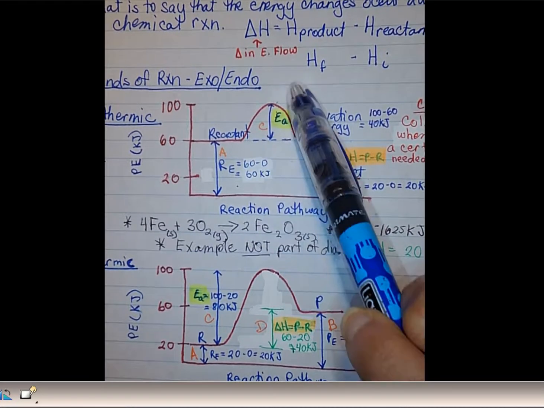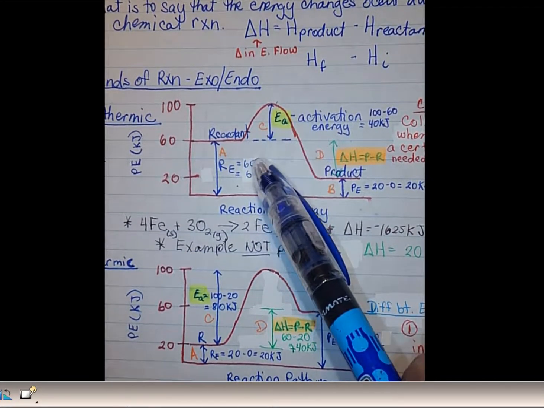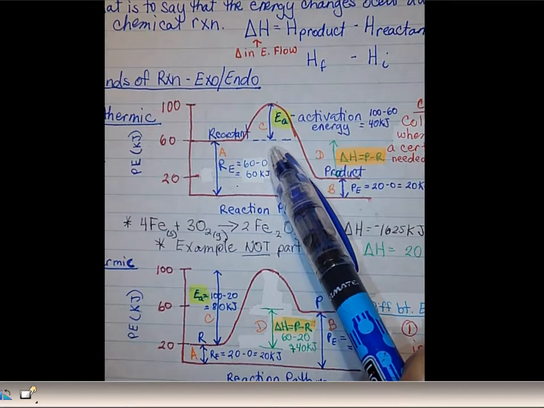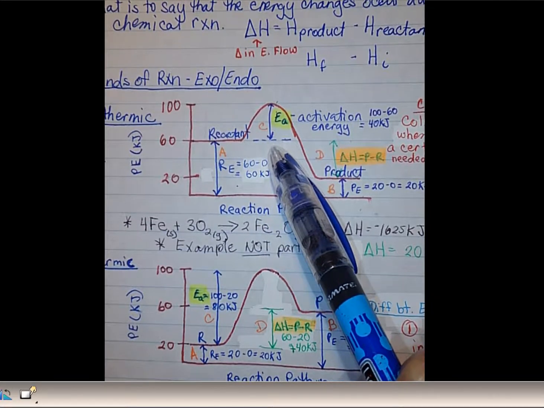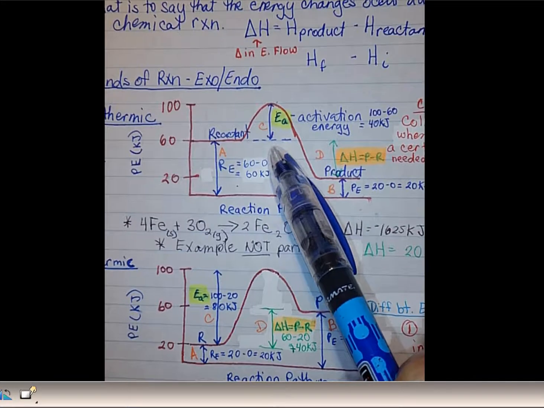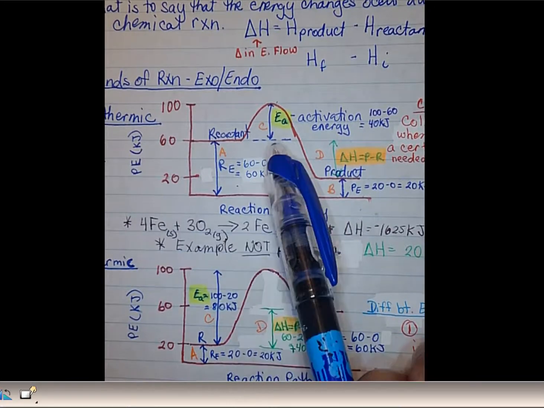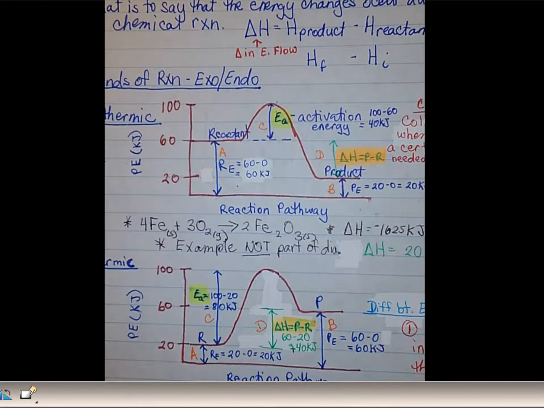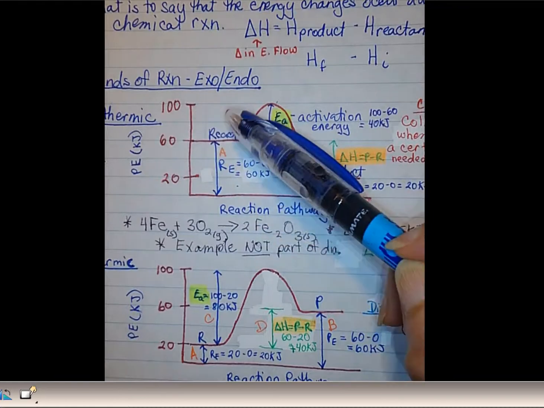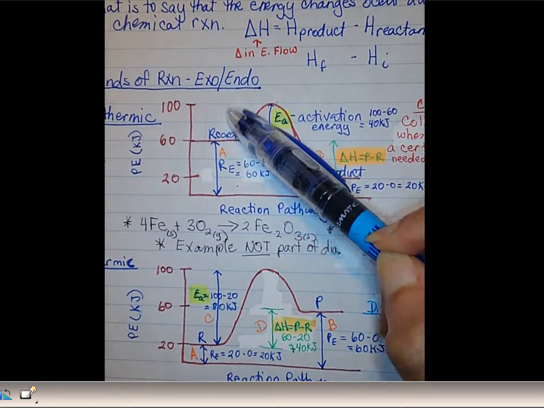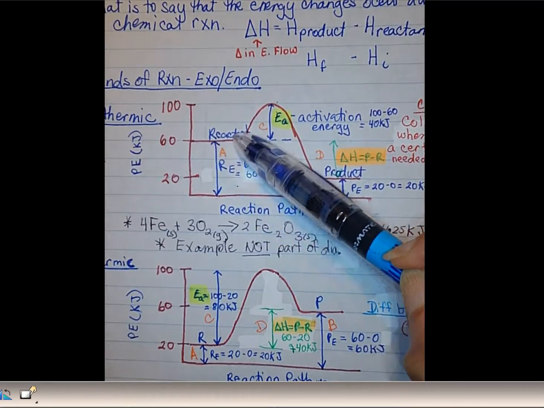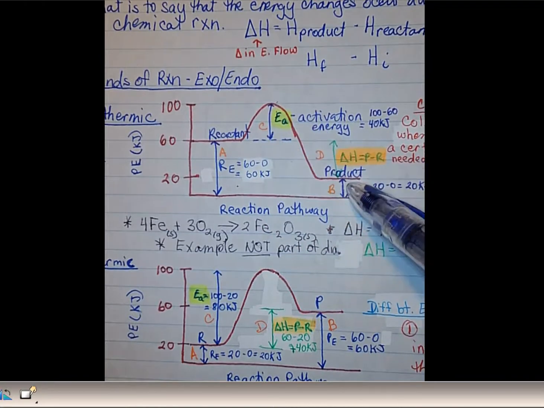So what exactly is activation energy? Activation energy goes back to something called collision theory, and it's basically collision energy. It says that when particles collide, a certain amount of energy is needed to progress the reaction. When you have the reactants right here, some of them will go through the entire reaction and become products.